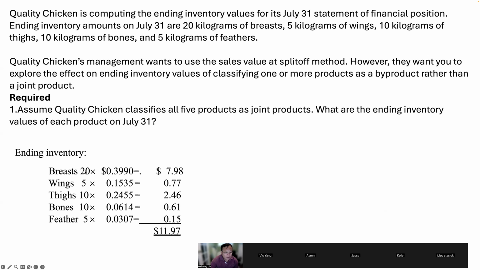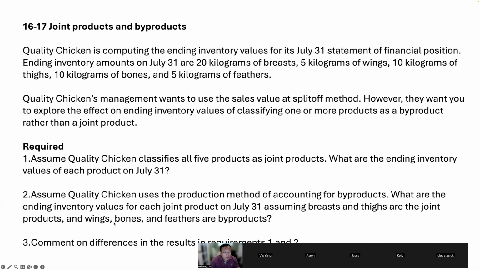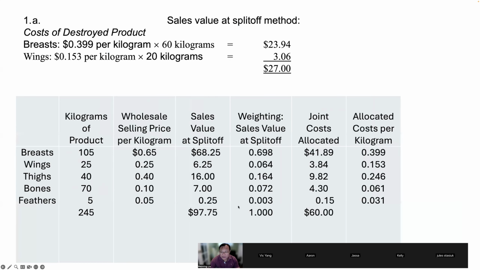We were told the number of kilograms in the ending inventory for each product, and we already calculated the joint cost per kilogram for each product under the sales value at split off method. So these numbers have all been calculated before. If you don't believe me, I will show you. It's right here, these numbers.